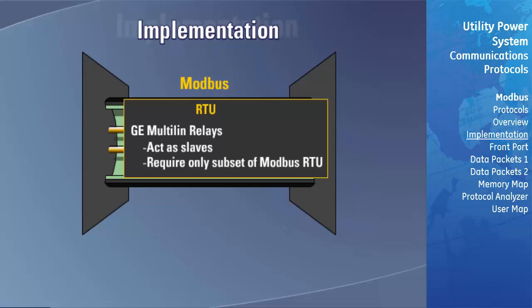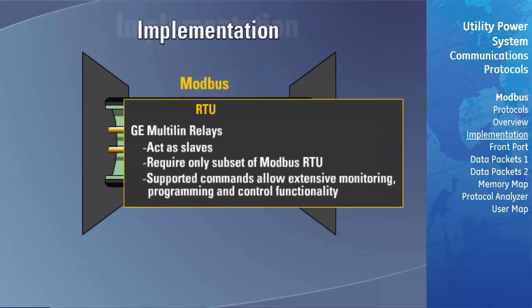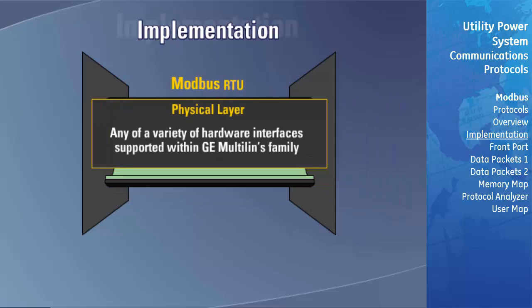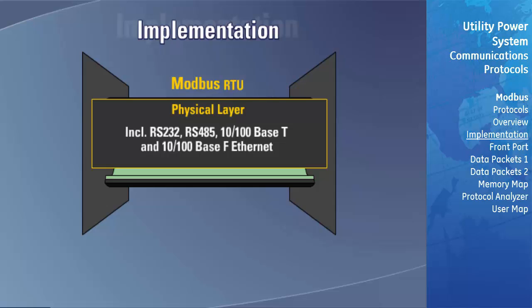Having said this, the supported commands do allow extensive monitoring, programming, and control functionality. The physical layer of the Modbus RTU protocol can be any of a variety of hardware interfaces supported within GE Multilin's family of protective relays, including RS-232, RS-485, 10/100 base T, and 10/100 base F Ethernet.